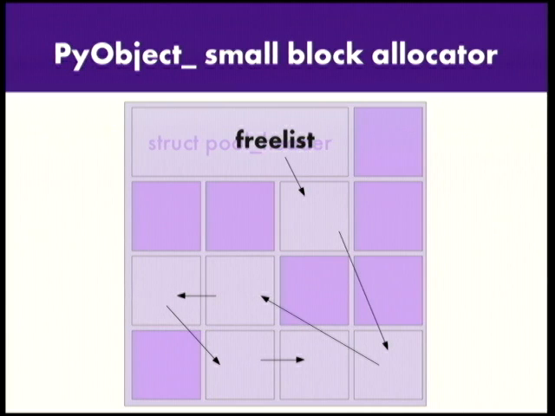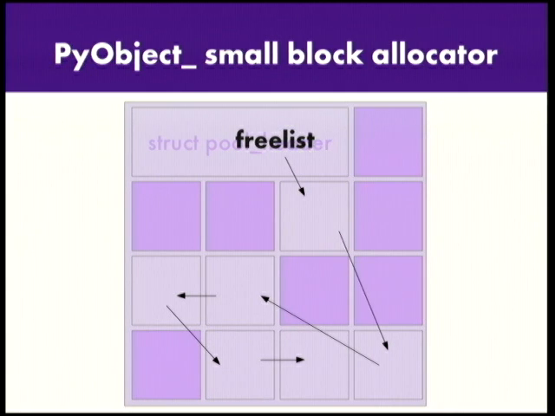But because there is no per block allocation data, that means that we have no record keeping on the block, which means that a double free will absolutely kill you. If you double free something, it gets put on this free list twice, and then something terrible is going to happen. You're going to allocate it, and then the free list pointer is going to get overwritten, you're going to crash, which is why Python has a mini Valgrind built into it.